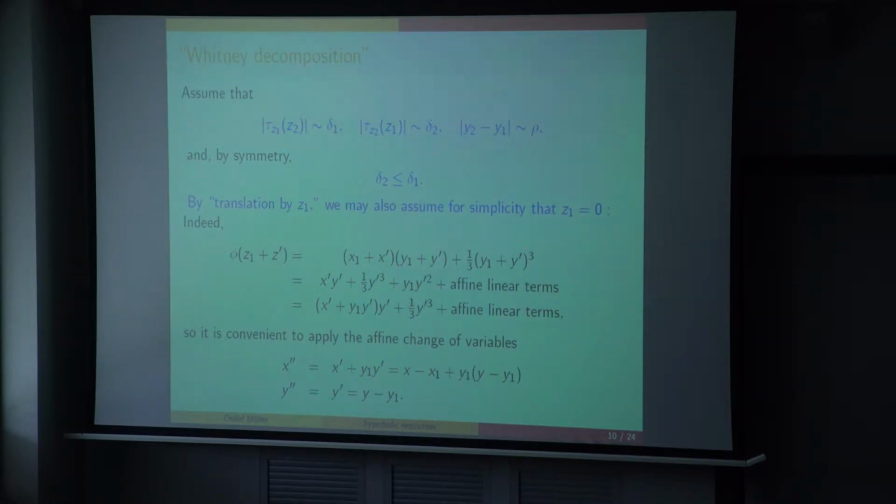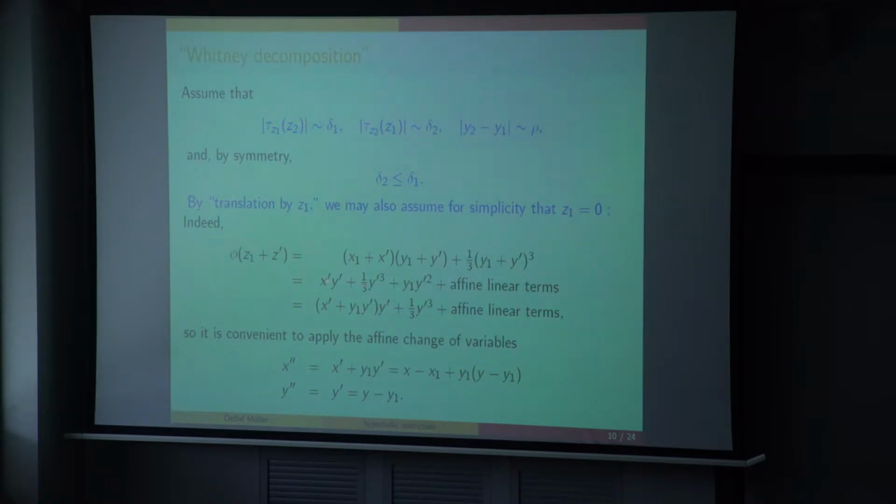What is also interesting and nice in this situation is that, by translation, for this specific surface, you can very easily reduce to the case where z1 is 0. Because if you look at phi at z1 plus z prime, you easily compute that you get this thing here.